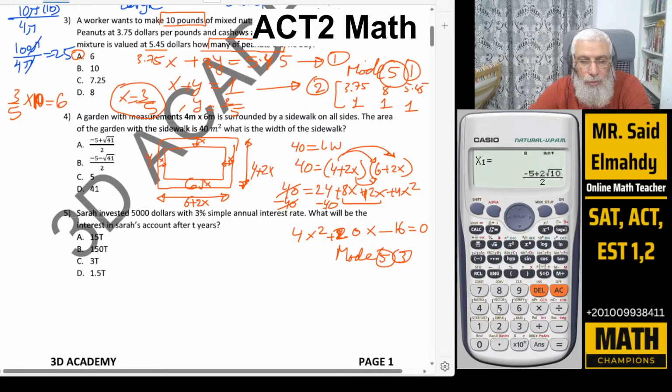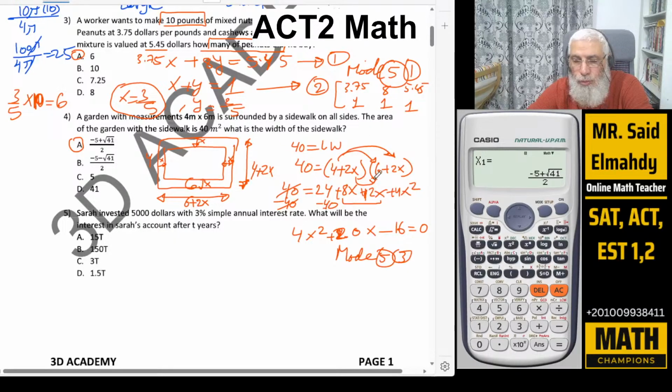Minus 5 plus 2 root 10. So again, mode 5.3, 4, 20, negative 16, negative 5 plus root 41. So this is one solution.